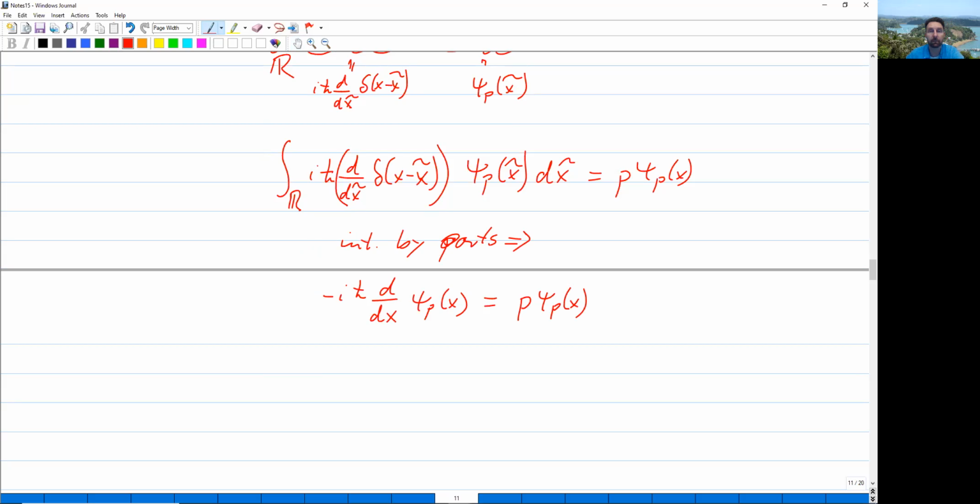This is a differential equation. And we should be able to solve that differential equation.